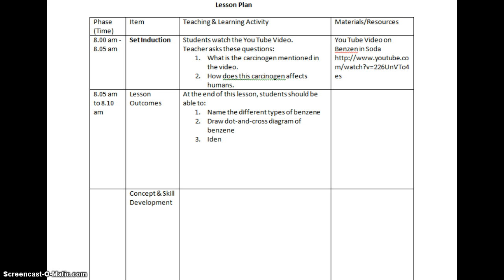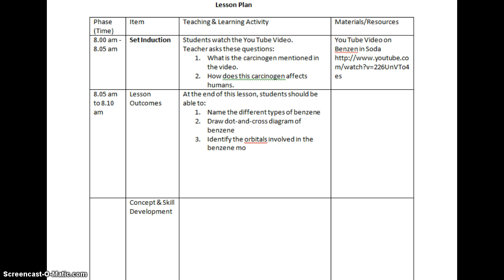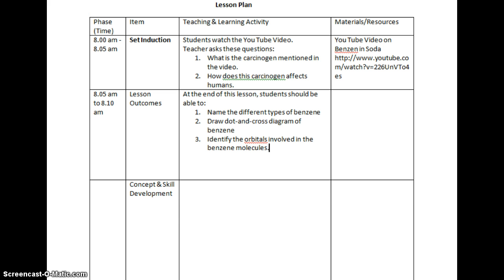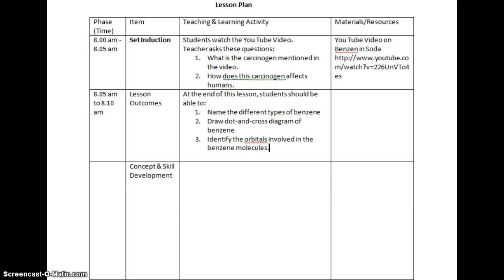Identify the orbitals involved in the benzene molecule. So this is how you write the lesson outcomes.